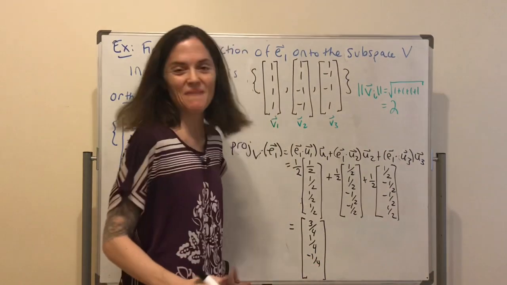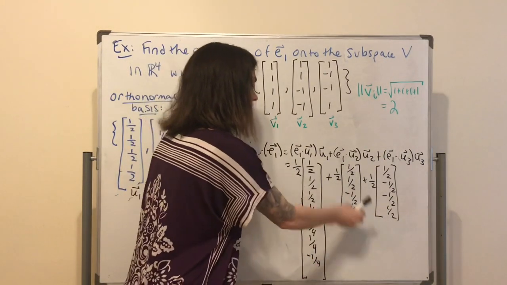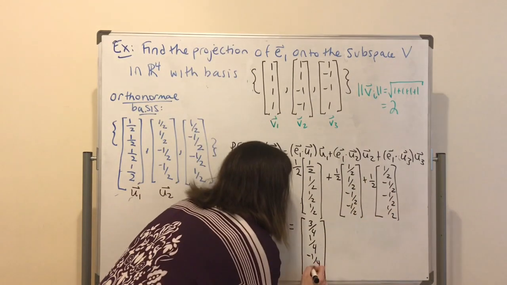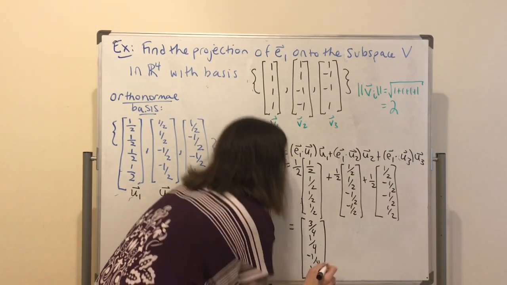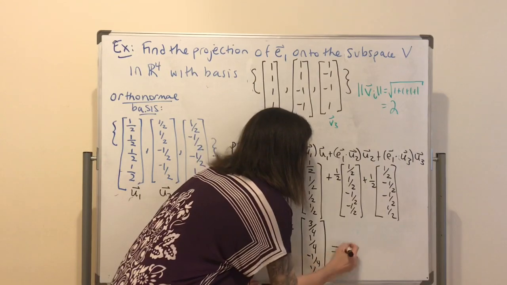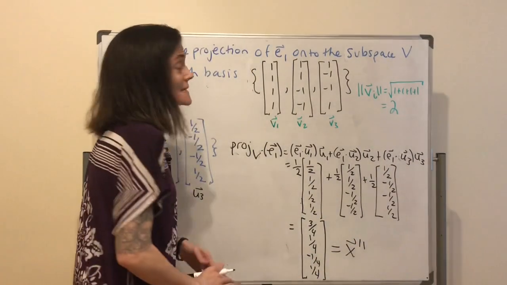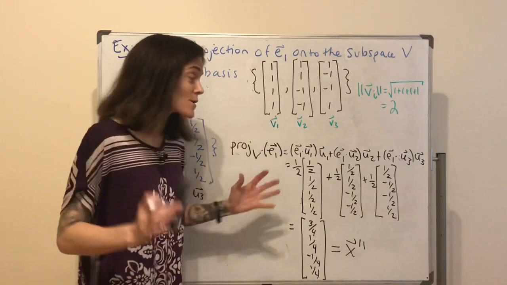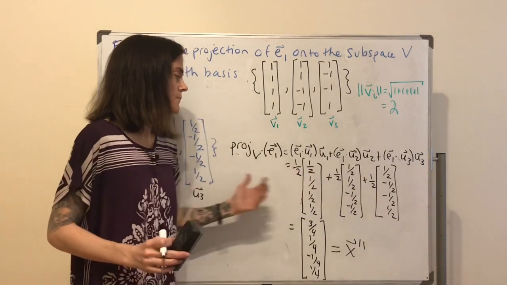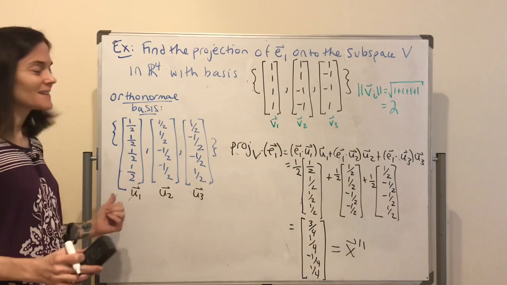Oh, I'm running out of space. And then a fourth minus a fourth plus a fourth, this is 1/4. Okay, so this is my vector like this, which lies in my subspace. Well, of course it does. It's a linear combination of these basis elements.